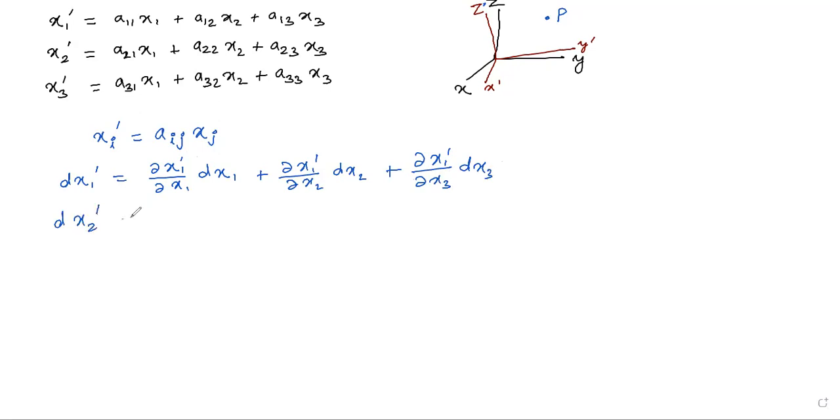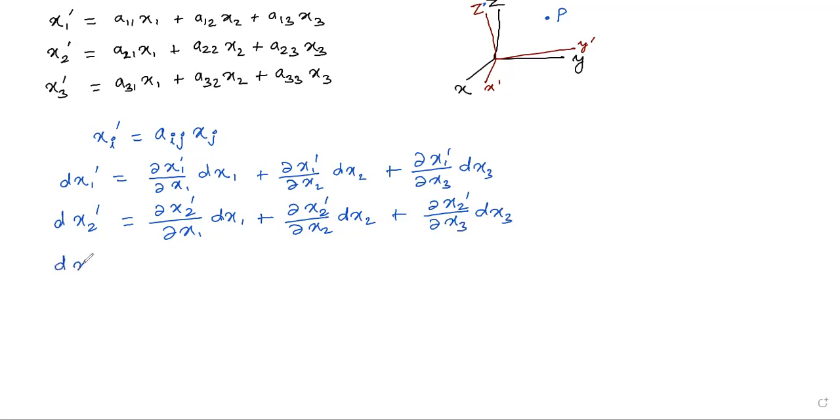Similarly, dx2 prime is equal to dou x2 prime by dou x1 dx1 plus dou x2 prime by dou x2 dx2 plus dou x2 prime by dou x3 dx3. Similarly, we have dx3 prime equal to dou x3 prime by dou x1 dx1 plus dou x3 prime by dou x2 dx2 plus dou x3 prime by dou x3 dx3.